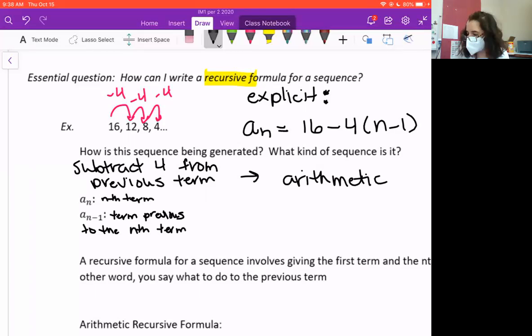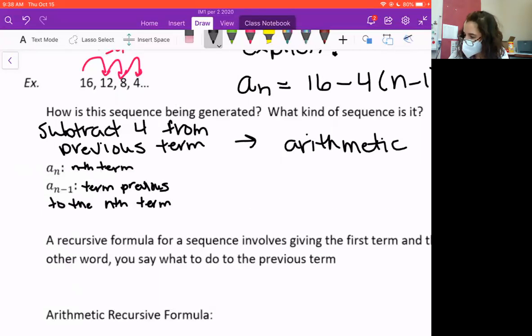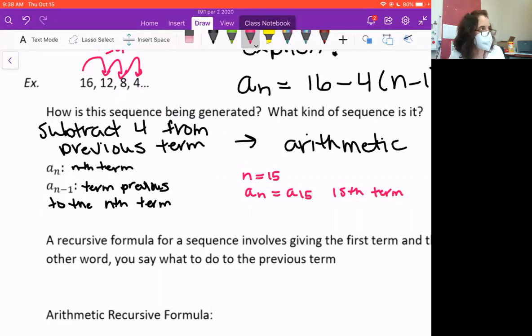Okay. So in other words, if I say I want n to be 15, then a sub n would be a sub 15, which is the 15th term.